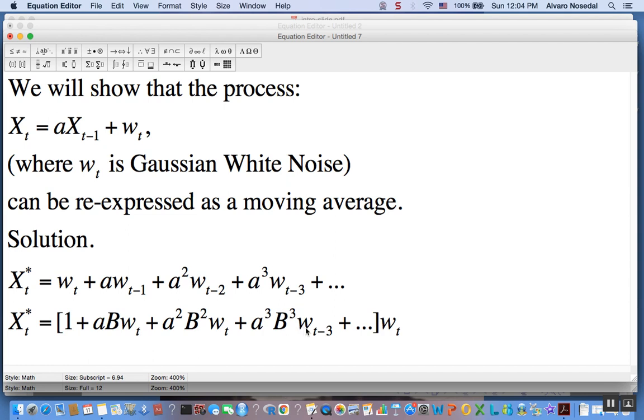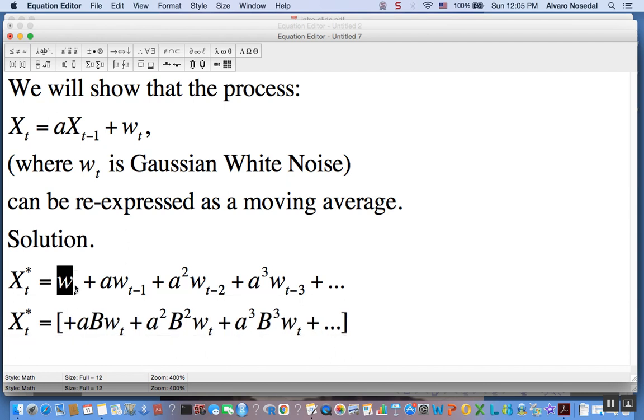Instead of W at t minus 3, we're going to have b cubed applied to the white noise series, okay? So that's what we have here. Make sense? Yeah, and this would be just Wt, right?